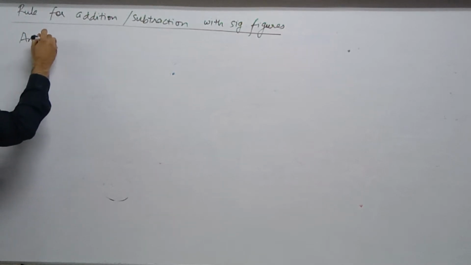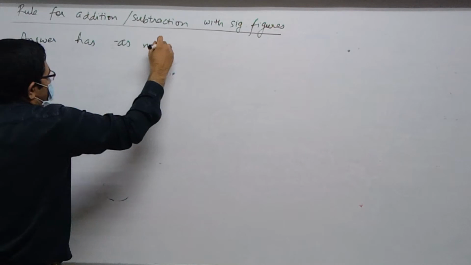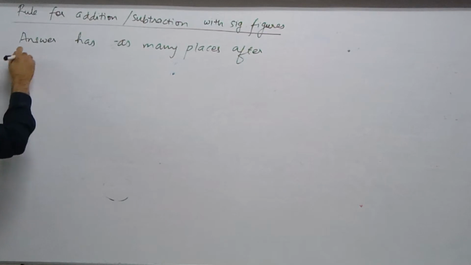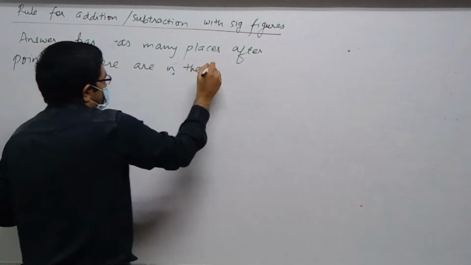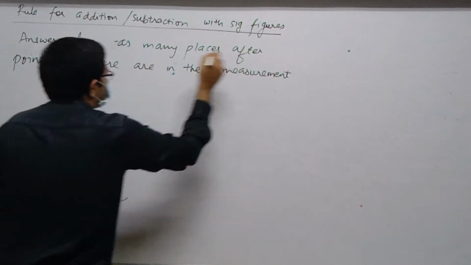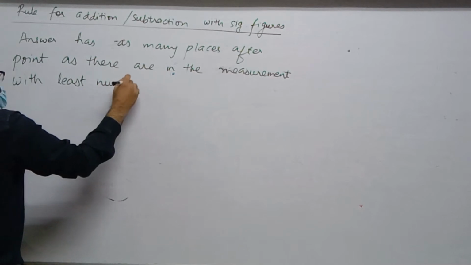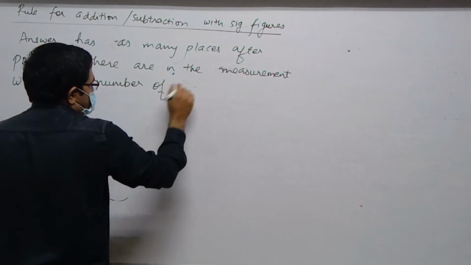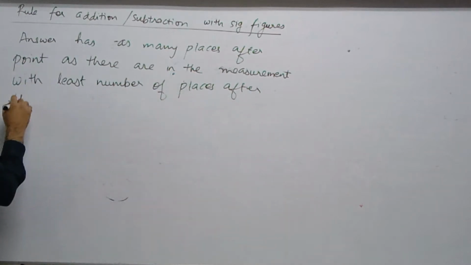The answer, meaning the result, has as many places after the point as there are in the measurement with the least number of decimal places, or places after the point.